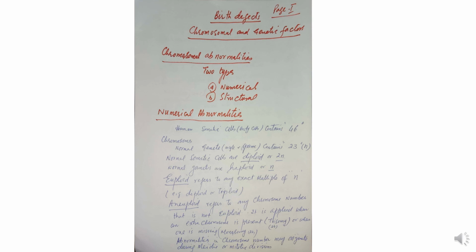The structural problem means that a part of the chromosome is separated. Say there are two chromatids forming the chromosome, and a part of one of the chromatids may get lost during anaphase when they are separating, or it may attach to another chromosome.